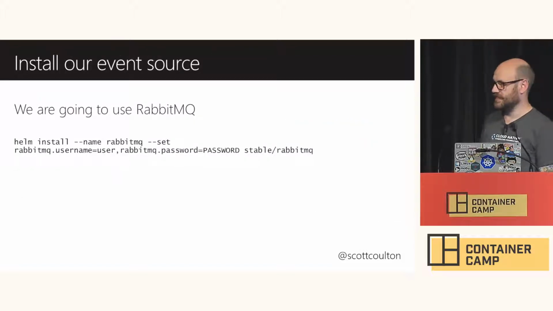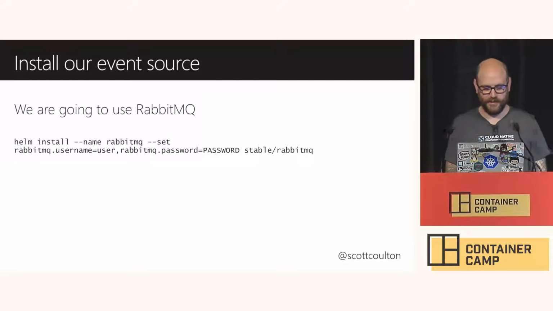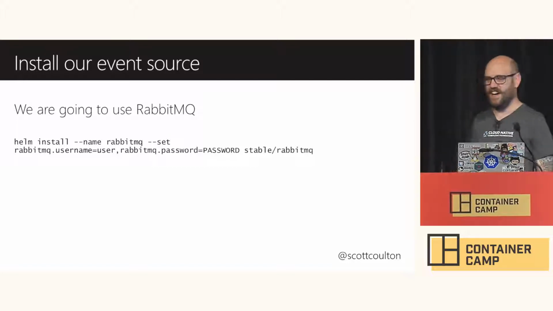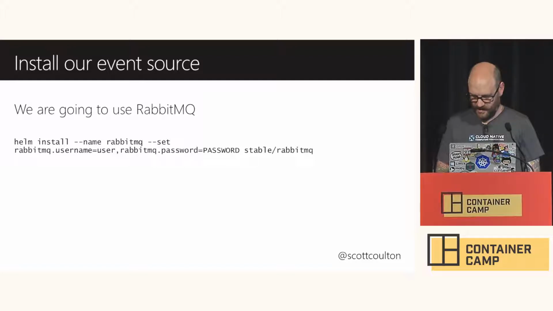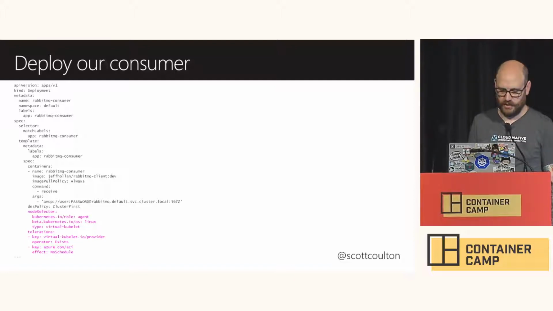And then I've installed a second Helm chart in the CNAB bundle. It's just installing RabbitMQ, that's straight from upstream. And you can see there that the password is the super secure password of user and password, just for demo purposes. And you can see there I've just deployed a standard RabbitMQ deployment.